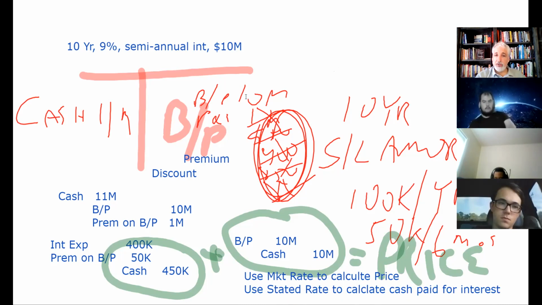The other calculations of the price of the bond are based on the 8% or whatever the rate is, whatever the market rate is. The only time we use a stated rate is to calculate how much we have to write the check for. Because that's a contractual obligation. We're saying we promise you 9% on this $10 million. And 10 years from now, we'll pay you $10 million. But today, the amount of money I want for this bond will depend on what the market rate is all about.